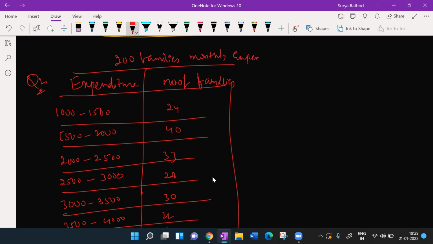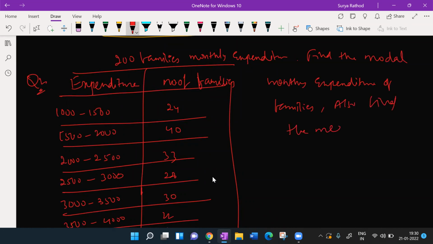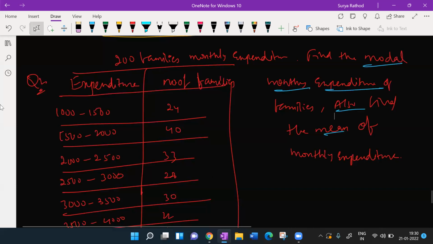The question is to find the modal monthly expenditure of the families, and also find the mean of the monthly expenditure. These are the two things you have to find here.